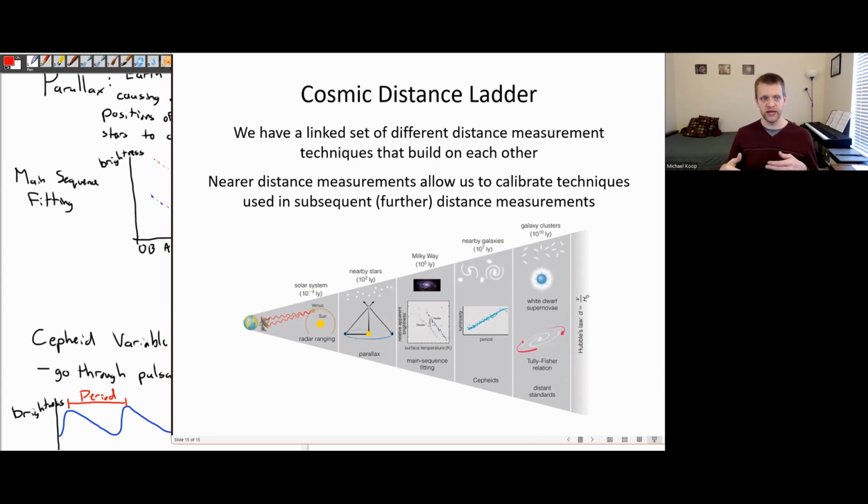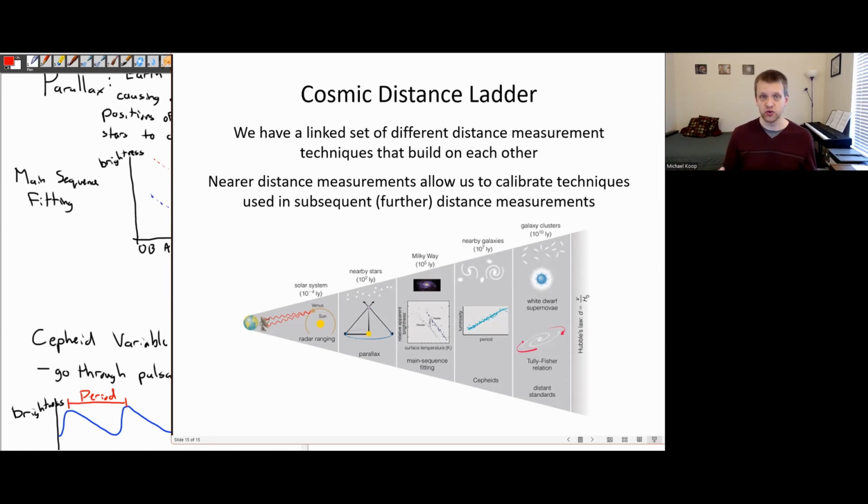So every time we get a new method of measuring distances or improve technology to improve some of these earlier methods, those improvements are also going to propagate all the way down the chain and allow us to increase our confidence and increase our accuracy of measuring increasingly large cosmic distances.